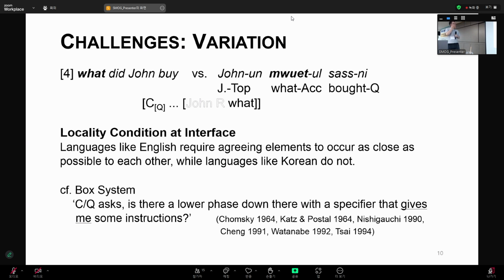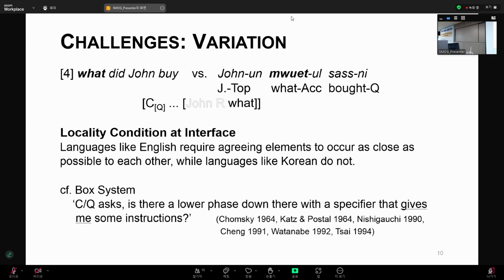But this is kind of temporary, right? Because the whole research is at a preliminary stage. But still, I'm thinking about the difference. I think it might be better to attribute the difference to a certain kind of, let's call it a parameter, working at the interface. So the parameter probably looks something like this: the locality condition at the interfaces.